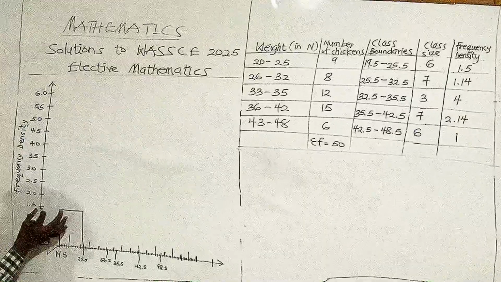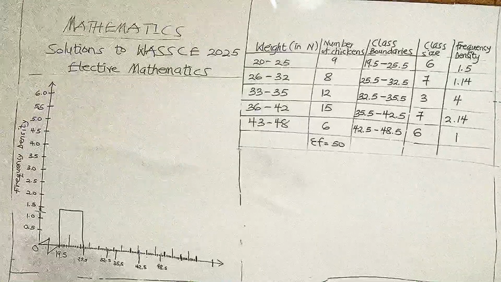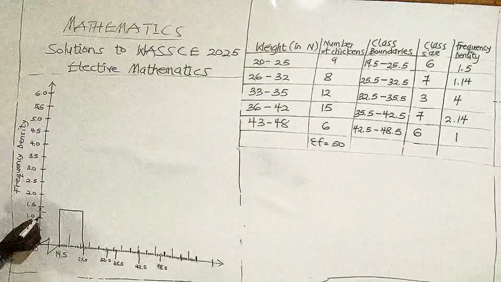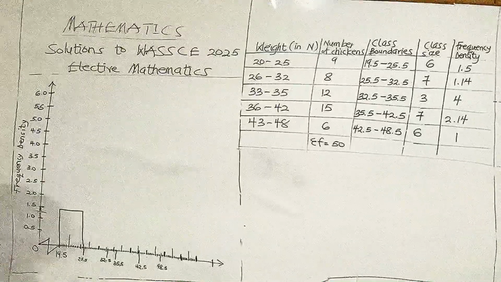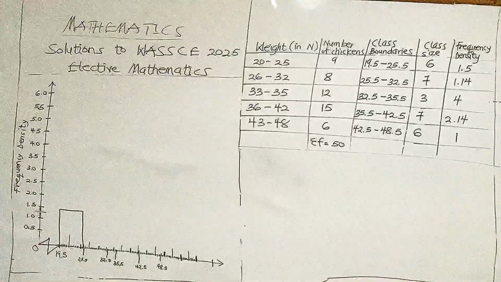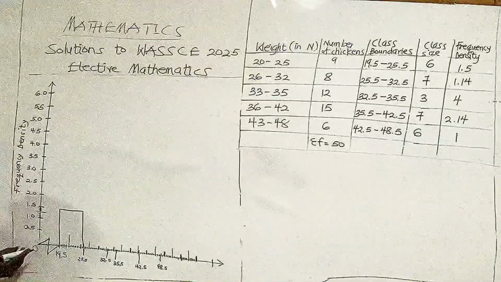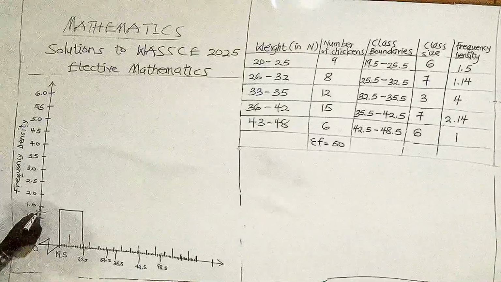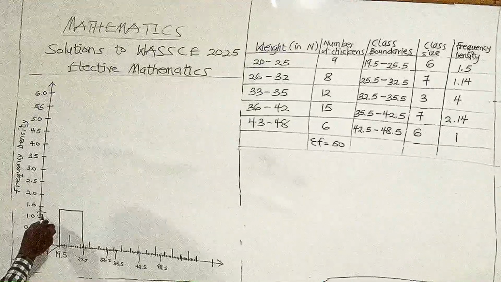And from here, if this is 1.0, I'll skip this. This is 1.1. I'll skip this, 1.2. But I am looking for 1.14, which is very close to 1.15, the middle part. So here is where my 1.14 will be.